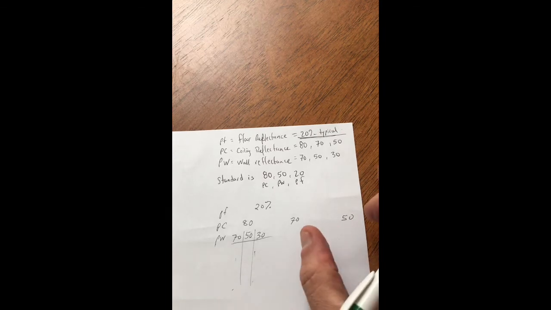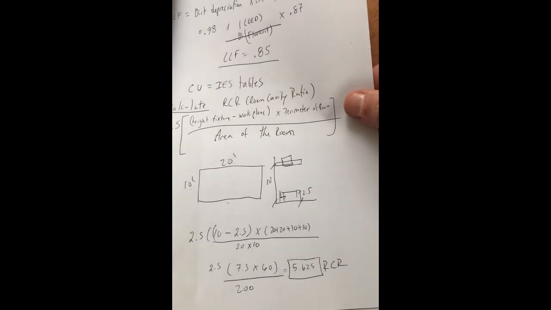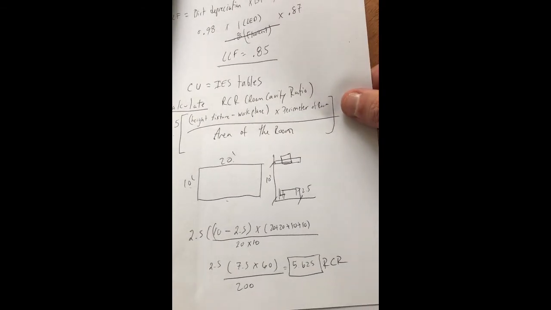So what I've done is taken from a fixture schedule just a simple coefficient of utilization, all the numbers. So what does this mean? If we go back over here, we can look at our room cavity ratio, which is 5.65.